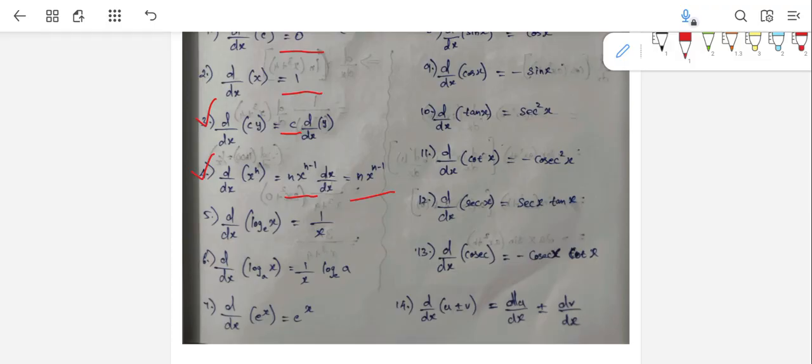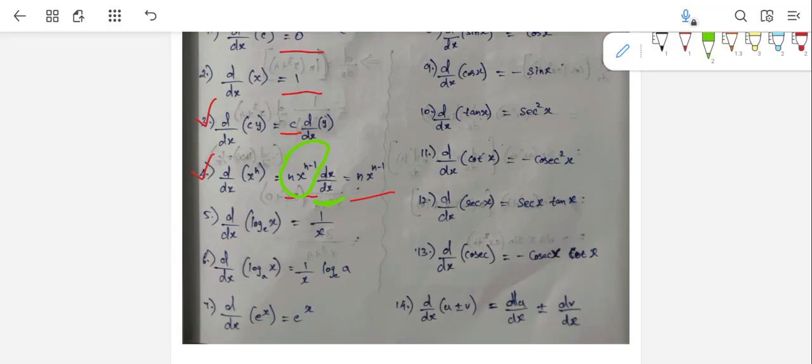No, you should. Because first, for x power n, you have done up to this: n into x power n minus 1. But you should write this every time, everywhere, dx by dx again. Why I am saying this, you will understand.